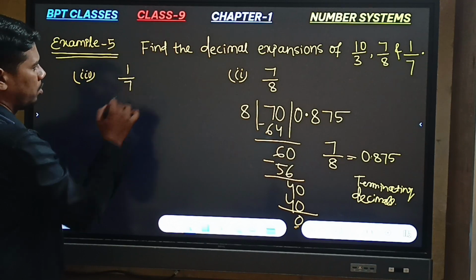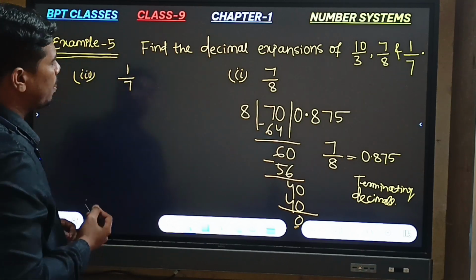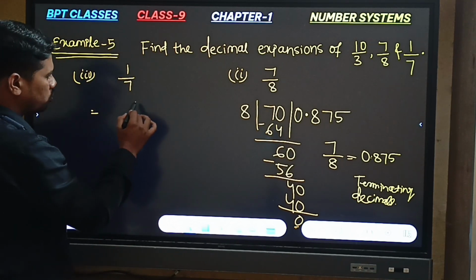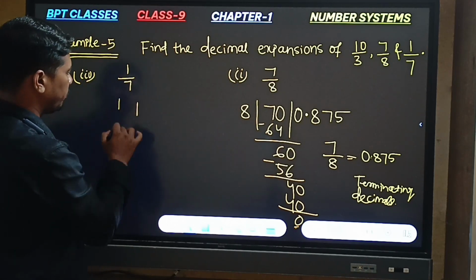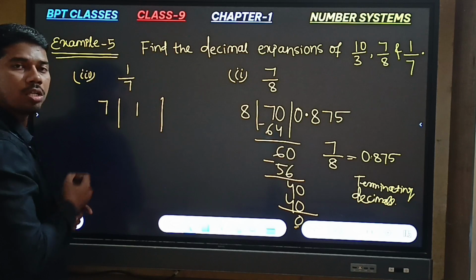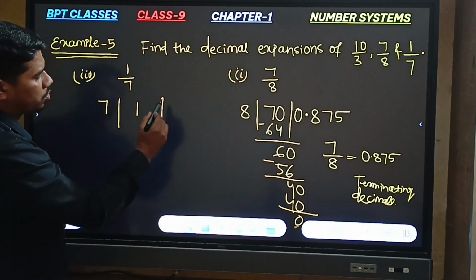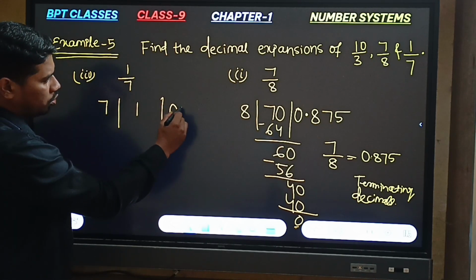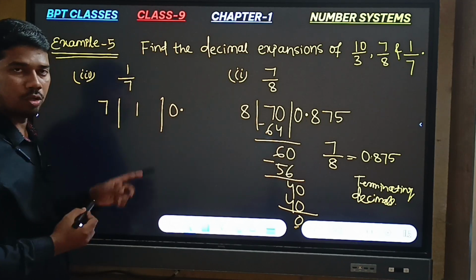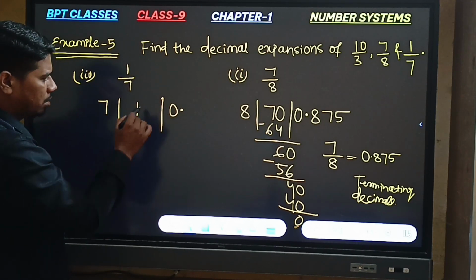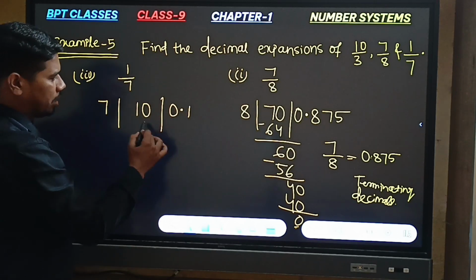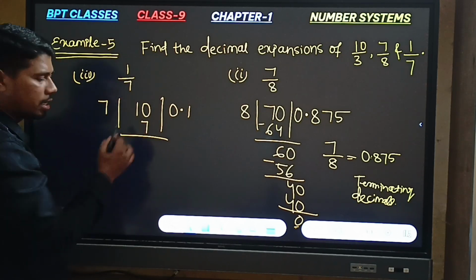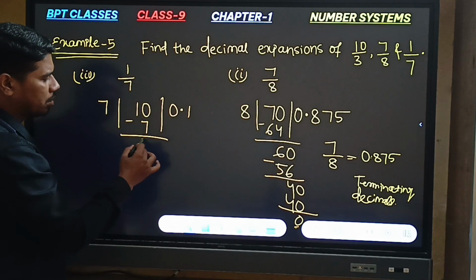The same thing also. 1 is the numerator, so you should write 1 here, and 7 is the denominator. 7 is greater than 1, so write 0 point, the decimal. If you write the decimal, 0 should be written here. 7 ones are 7. Then 10 minus 7, subtract.